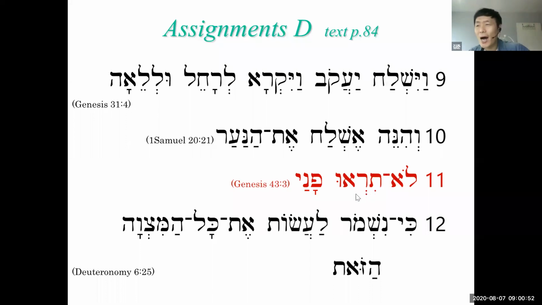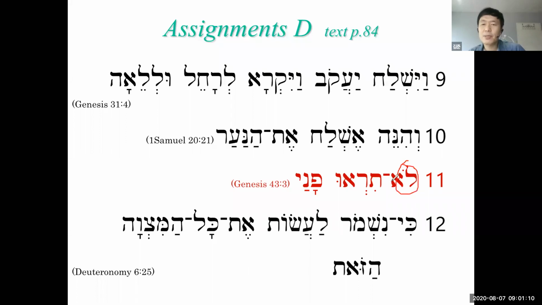La, resh, aleph, he is the root letter, and the stem is qal, and the form is prefix, 2 MPL. And you need to include this one as a special feature because this is makif and connected. So lo, negative particle. So the meaning is you will not see.